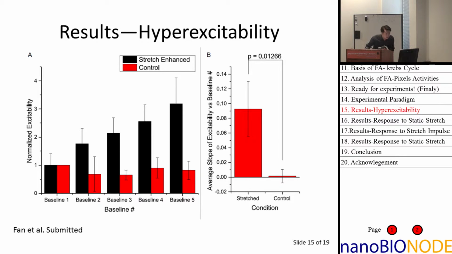And then the plot in B is just showing that if I take every experiment and assume that it's linear and give it a slope, the stretch-enhanced group has a slope of 0.09, whatever that means. However, the control group is pretty flat. And this is statistically significant.